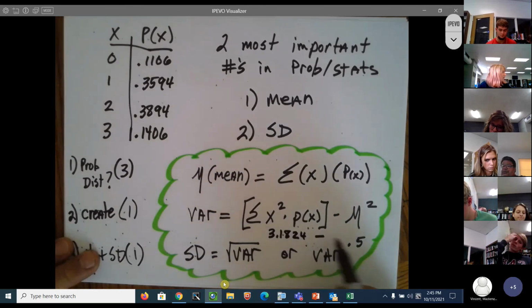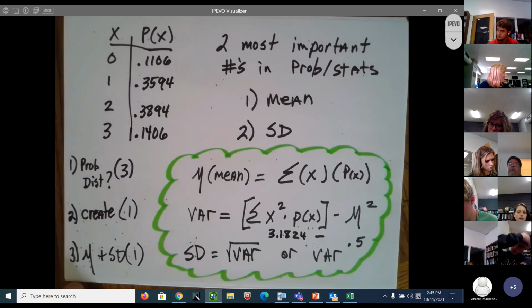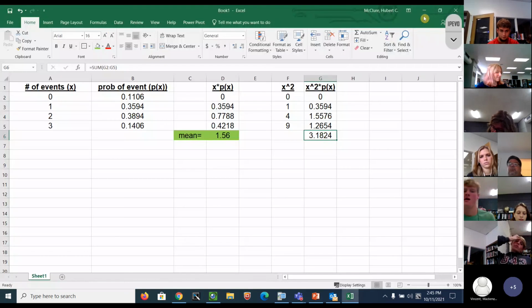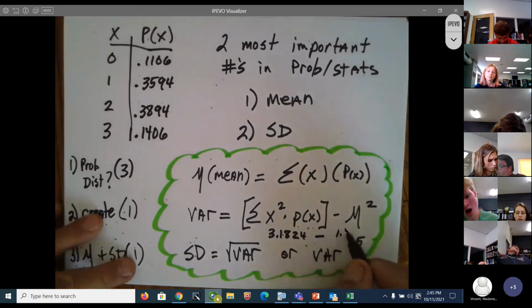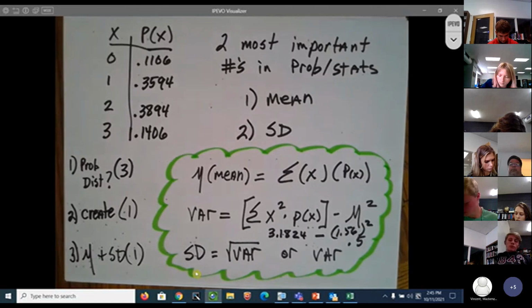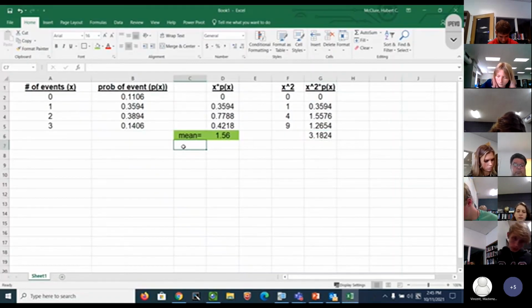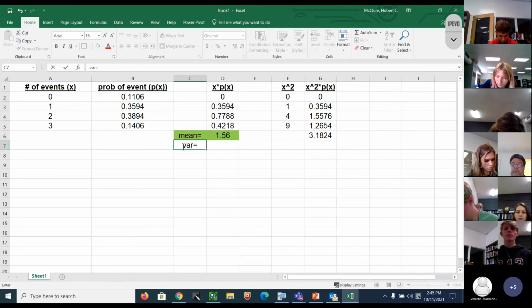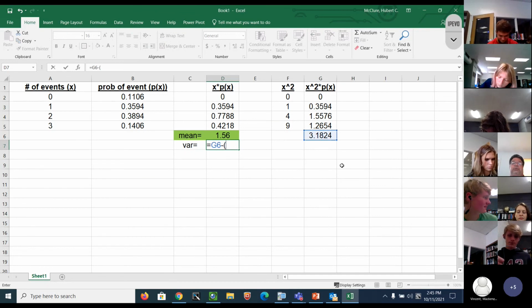3.1824 minus, what is our mean? 1.56. So that goes right here. And square it. So let's find our variance. We're going to take that 3.18 and subtract 1.56 raised to the second power.